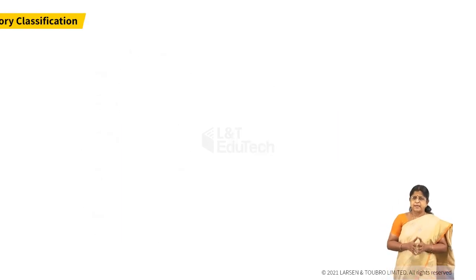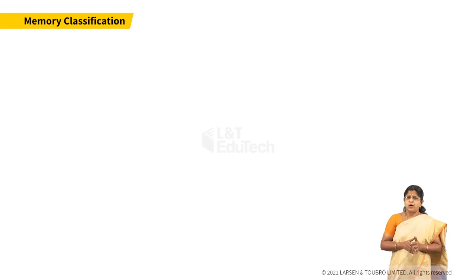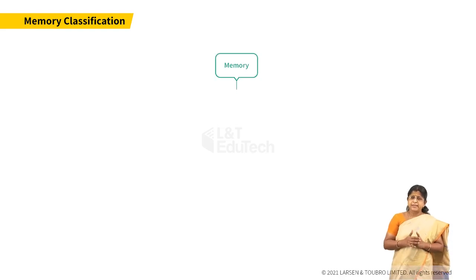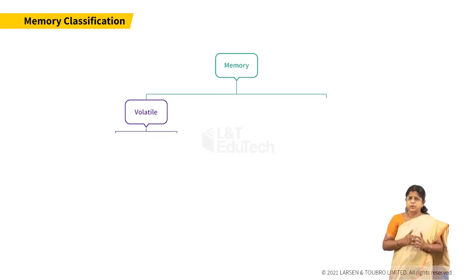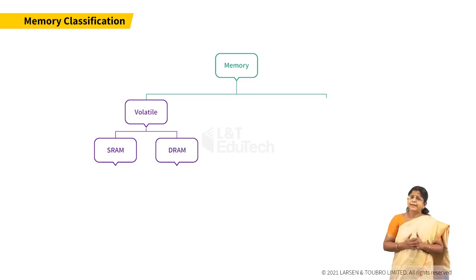Now let us have some insight on the memory device choices for the microcontrollers. The memory IC may be volatile, under which we have static RAM, denoted normally as SRAM, and dynamic RAM, called DRAM.